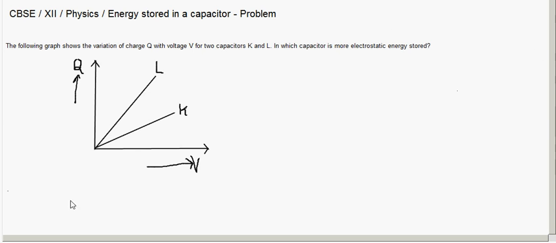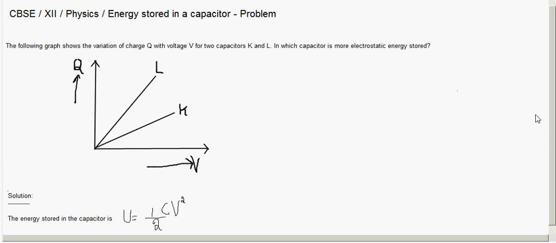Now for this, we know the energy stored in the capacitor is given by U equal to half CV square. So U is proportional to C and V square.